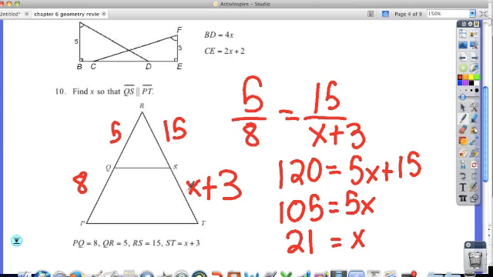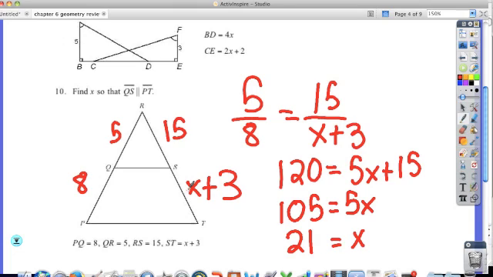I'm confused. Wouldn't it be 15 over 15 plus x plus 3? You could have done that, okay? But if you did that, you would have had to do 5 over 18.